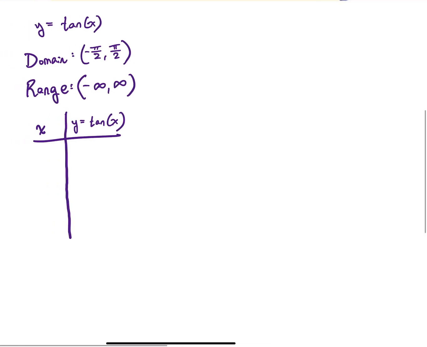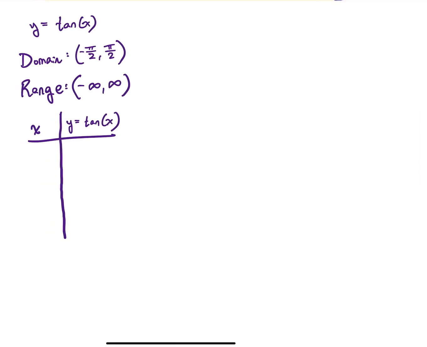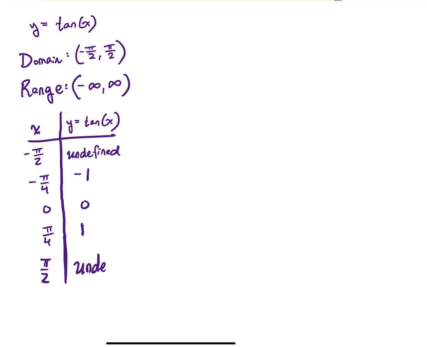So we know at negative pi over 2, the tangent is undefined. At negative pi over 4, the tangent should be negative 1. At 0, the tangent is 0. At positive pi over 4, we get a positive 1. And then at pi over 2, we get another vertical asymptote, so I'll say undefined. So how will this transfer to the inverse tangent?